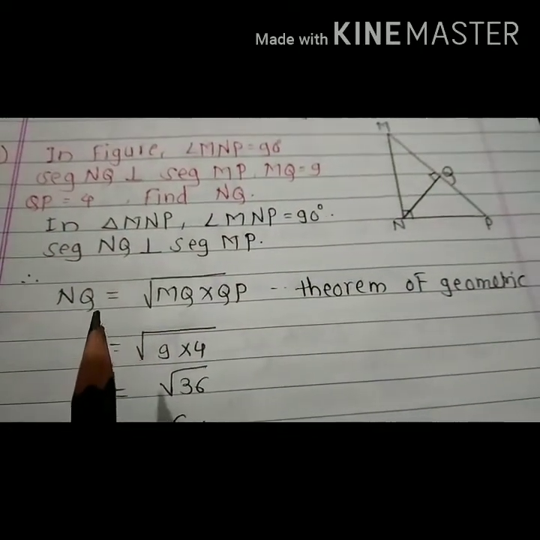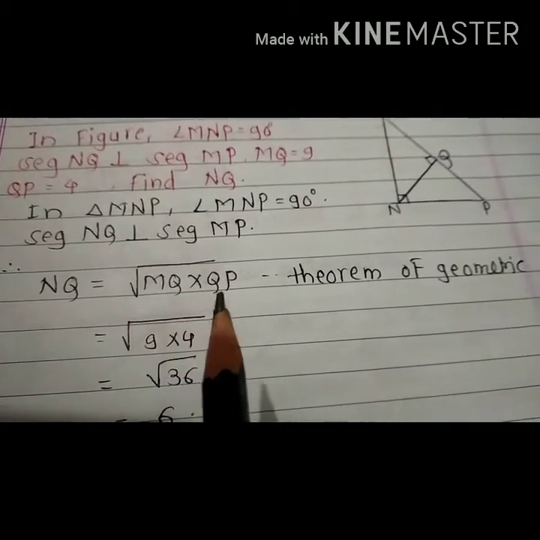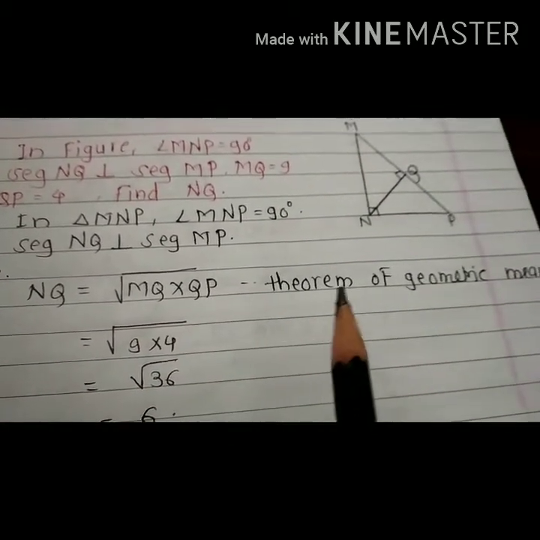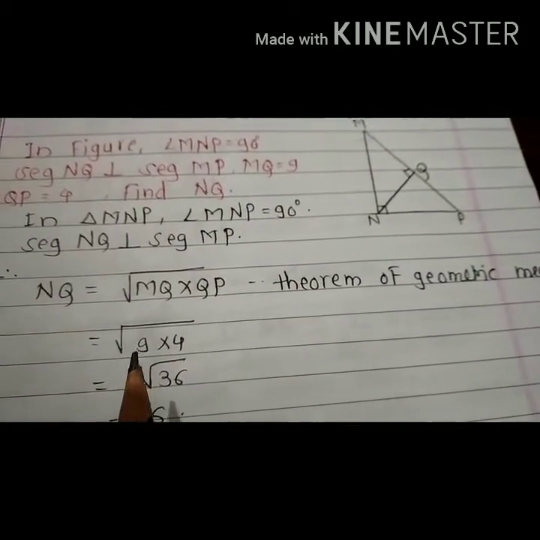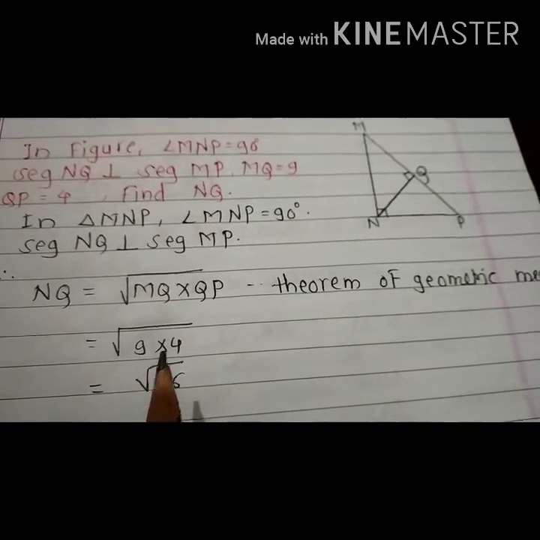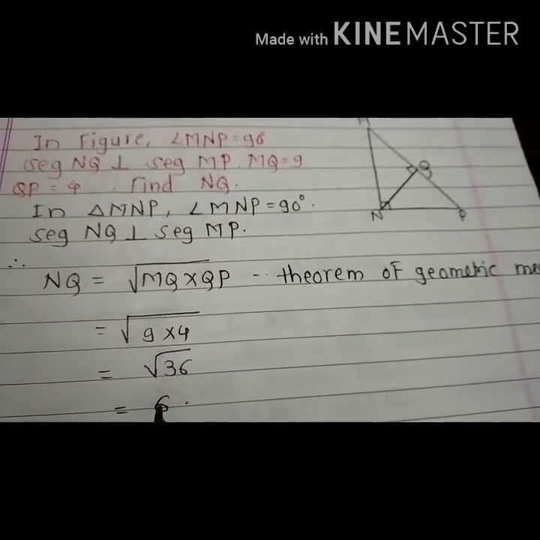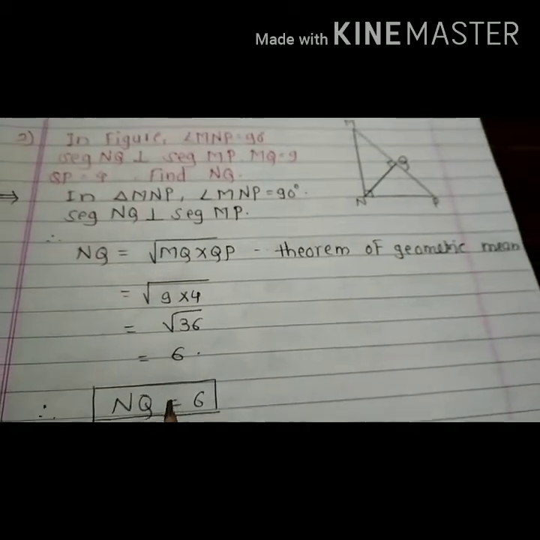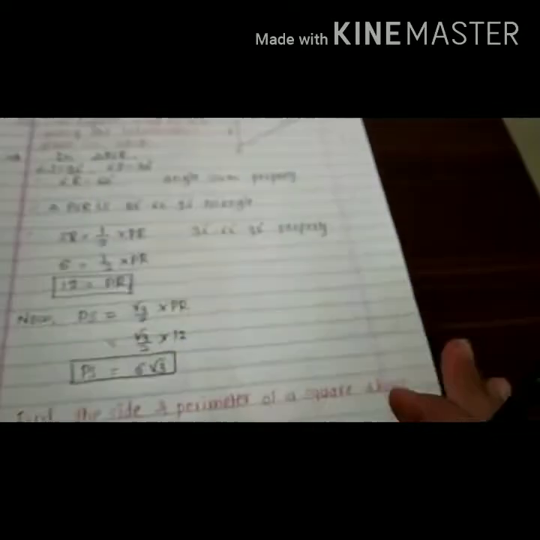According to this, NQ is equal to square root of MQ into QP. Reason is theorem of geometric mean. If we substitute the values, square root of 9 into 4, which is equal to square root of 36, which is equal to 6. Here we use the theorem of geometric mean.